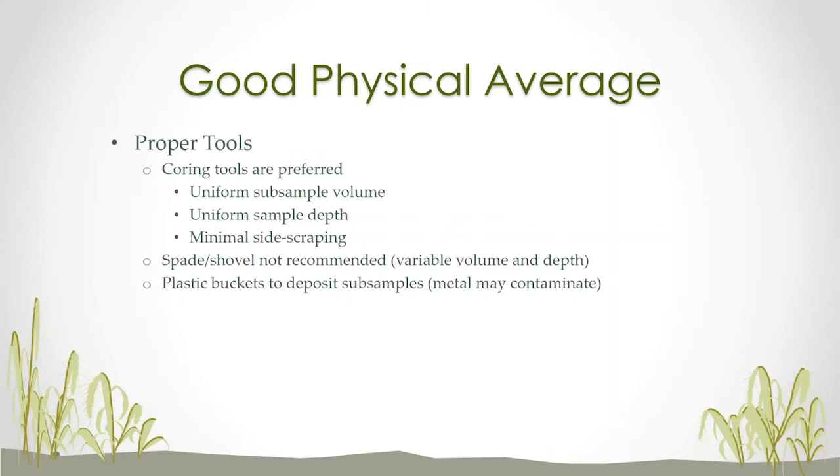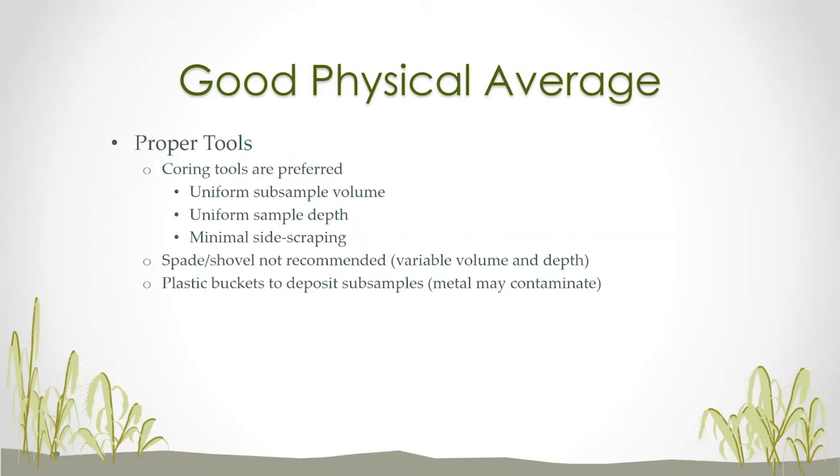Also, part of your tools when you're creating a composite sample within the field is using appropriate containers. So plastic buckets are advised when we're depositing subsamples from the various locations we're taking them.